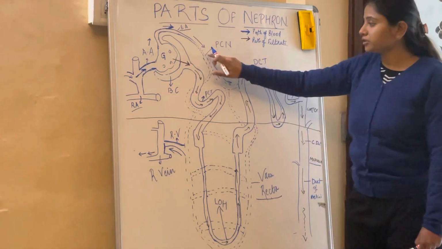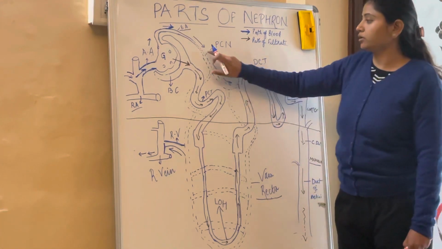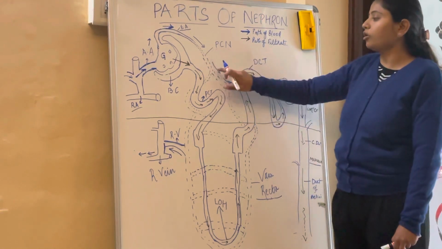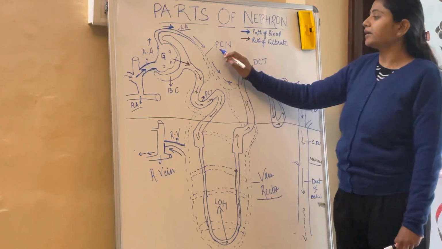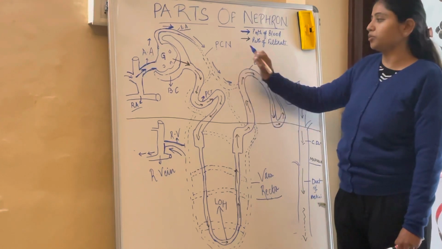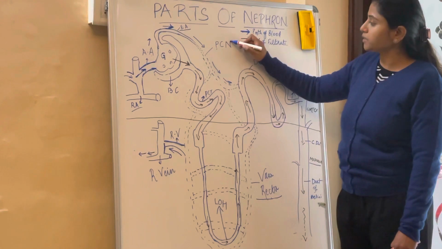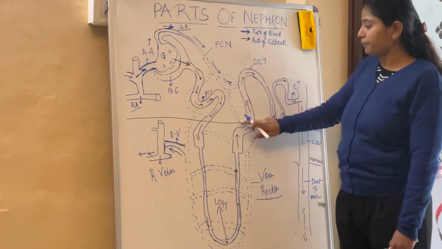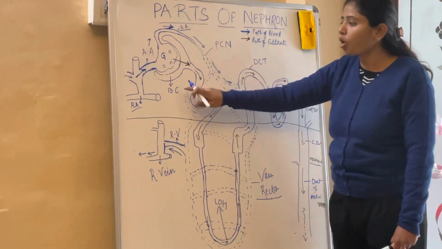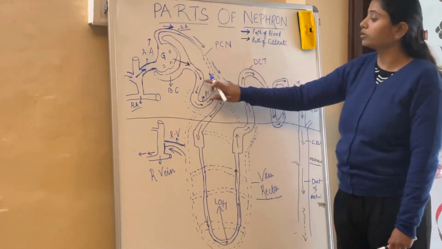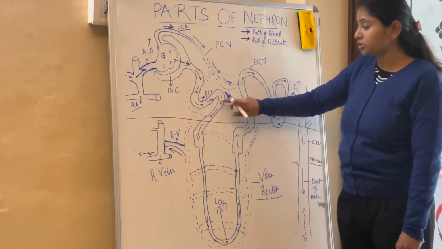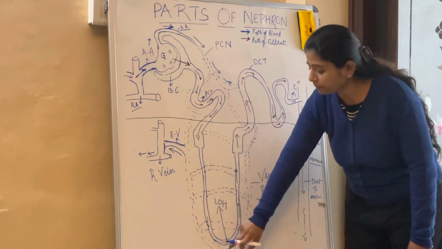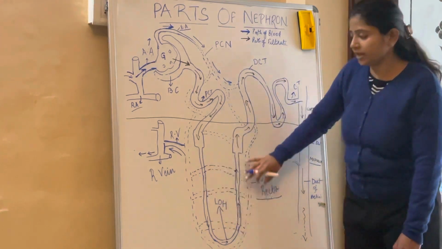Now from the efferent arteriole, this blood forms a network. These blue dotted structures you can see are a network of capillaries that is called the peritubular capillary network, right? I denote it as PCN. Now this network is all along the parts of the nephron. It is along the proximal convoluted tubule, it is also along the distal convoluted tubule, and it is also parallel to the loop of Henle, right?